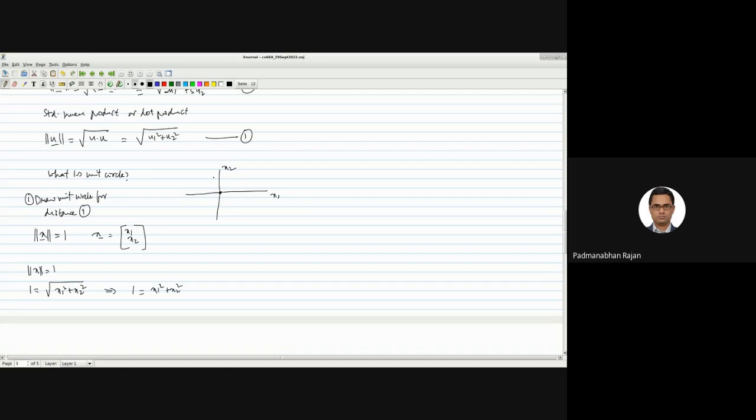Everybody agrees? It is basically just the equation of a circle which you have been seeing all along, in geometry you must have studied. This is not a very good circle, but this is the first circle.